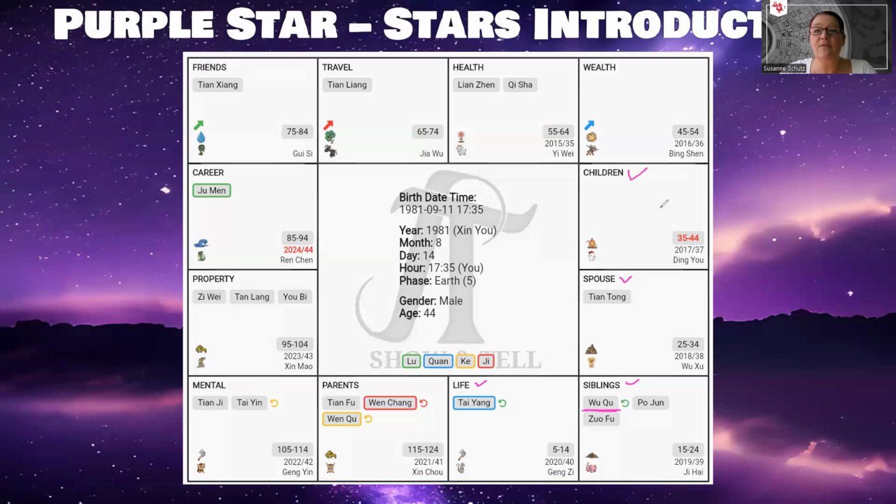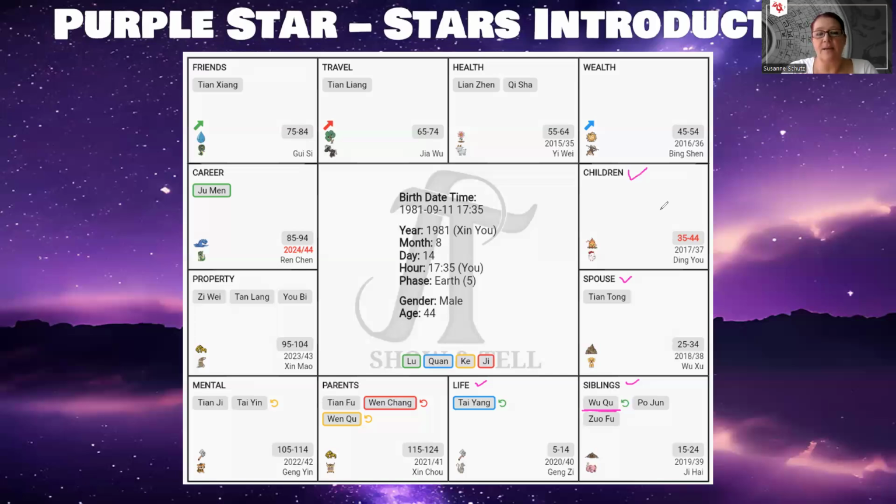Now, if you happen to have children and you have Wu Qu in the children palace, you probably have ambitious children. They're not happy with the status quo. They always want to be better. They tend to be quite competitive, and they want to move forward in life, and they want to be the best.